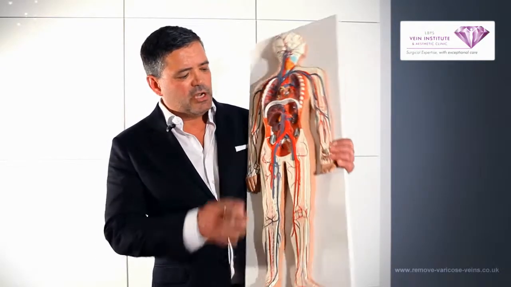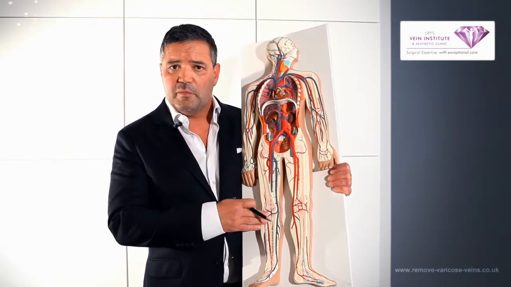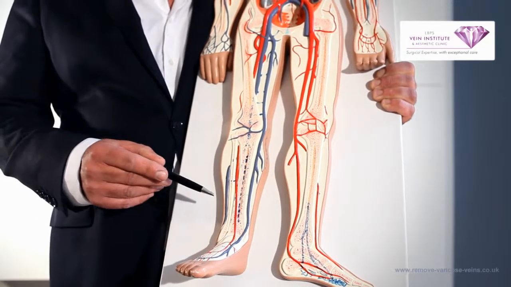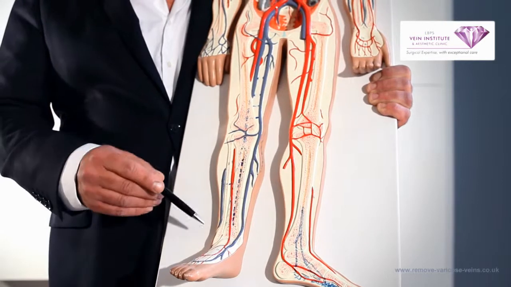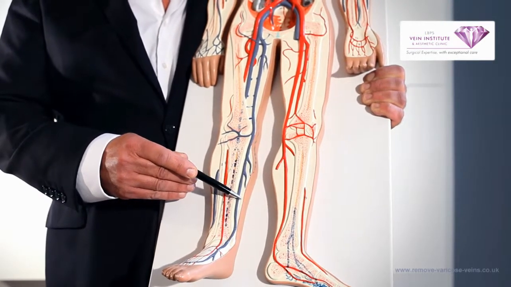So this table is showing the vessels of the leg, in red arteries, in blue the veins. The veins are found in the legs in two totally different groups, one deep venous group and one superficial venous group.